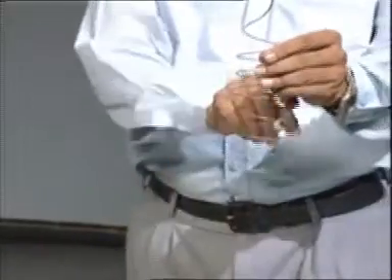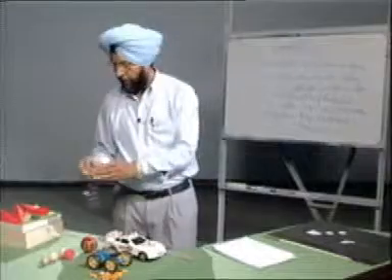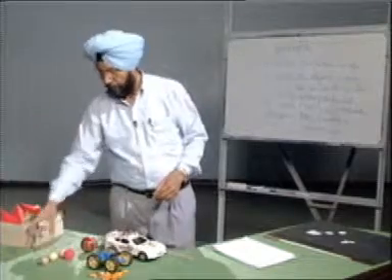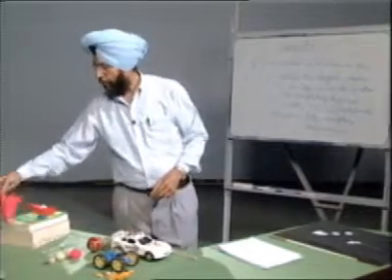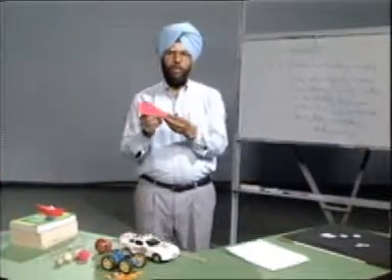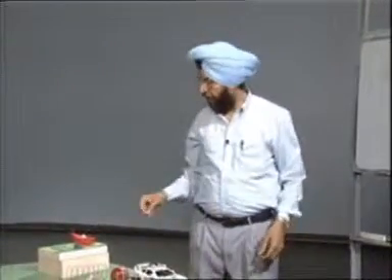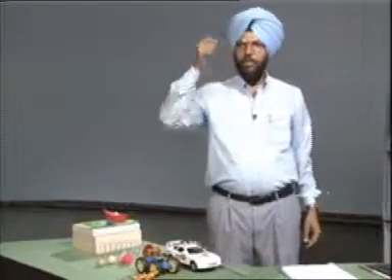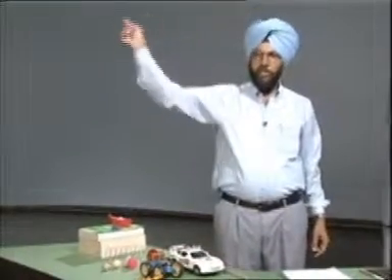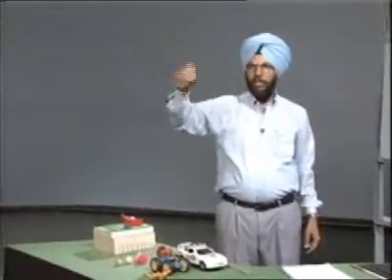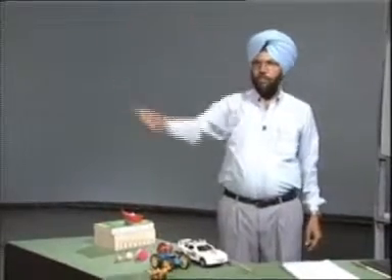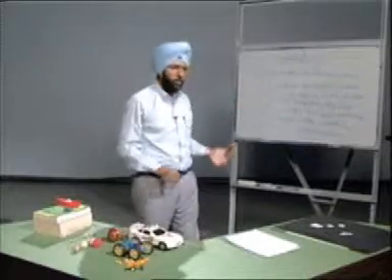So, we need three axes. This kind of motion is 3D motion. If we throw this toy plane, it will move in space. It is circulating around, and it is moving up or down. So, this is a 3D motion.